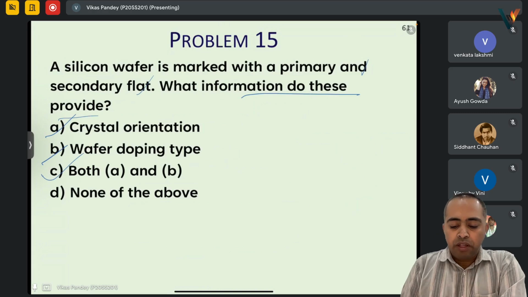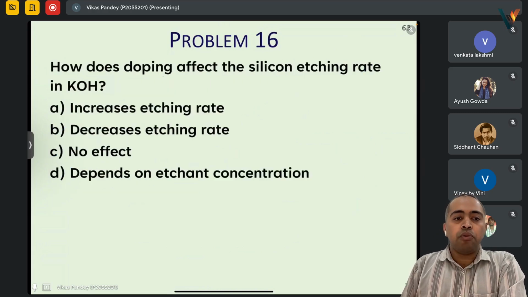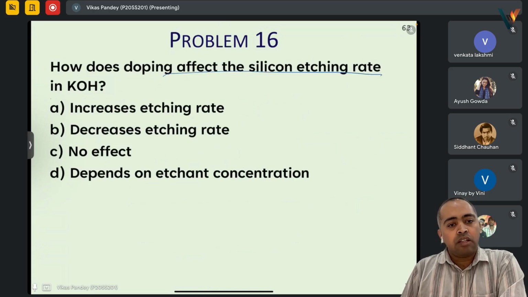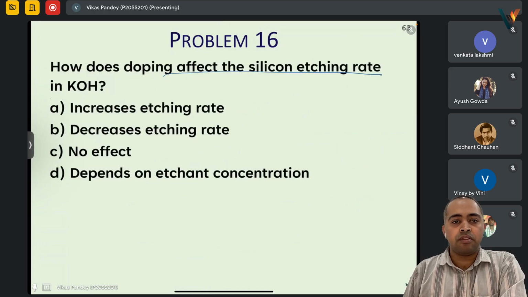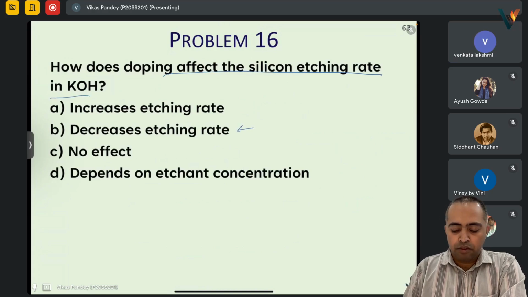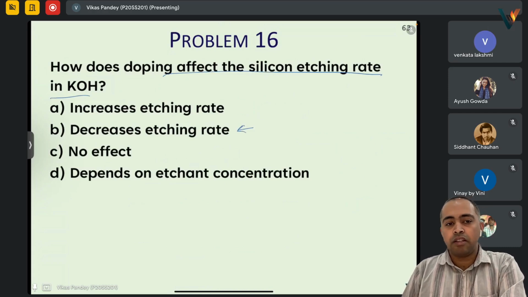How does doping affect the silicon etching rate in KOH? It increases the etching rate, decreases the etching rate, has no effect, or depends on the etchant concentration. B. Okay, any other answers?